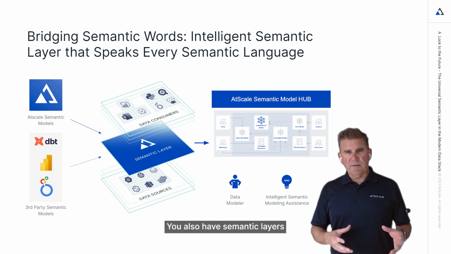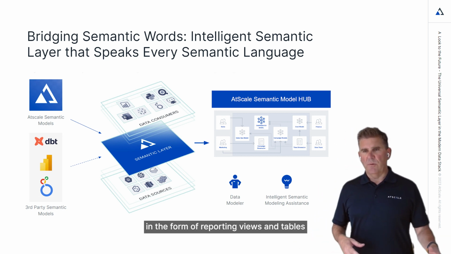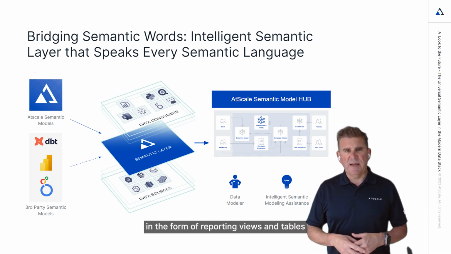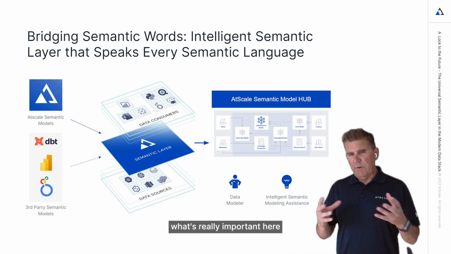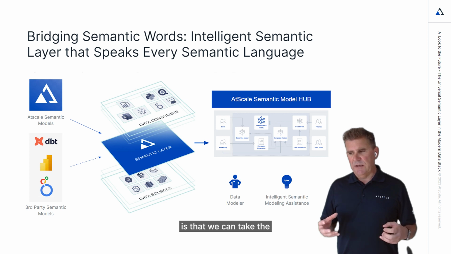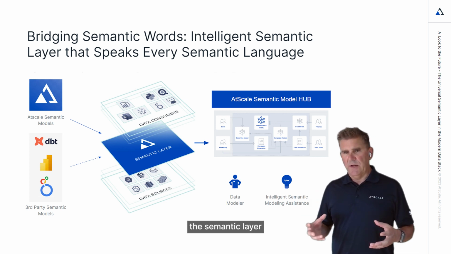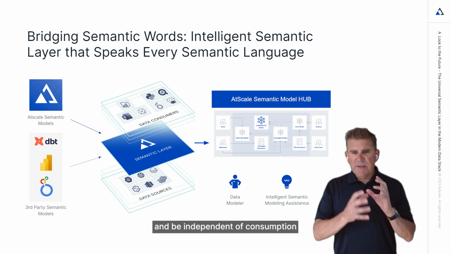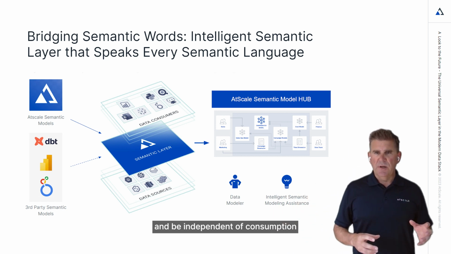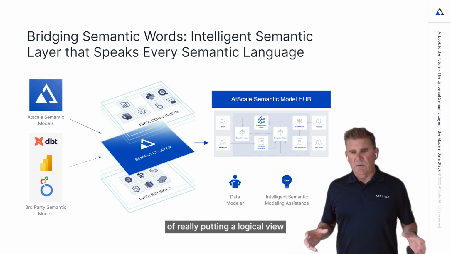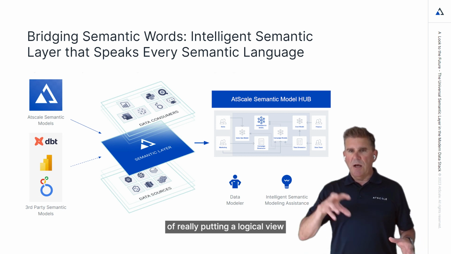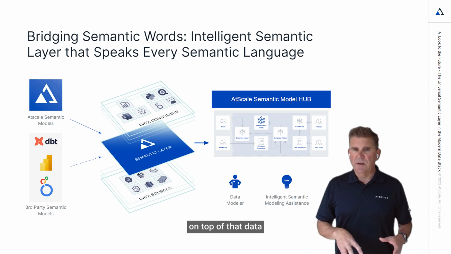You also have semantic layers embedded in the data platforms in the form of reporting views and tables, or the medallion architecture. So what's really important here is that we can take the semantic layer and have it stand alone and be independent of consumption and of the data. And that gives us the flexibility of putting a logical view on top of that data and changing that as the business changes.